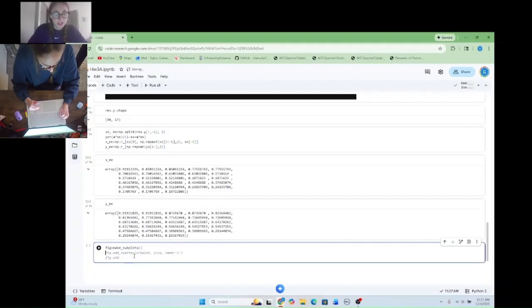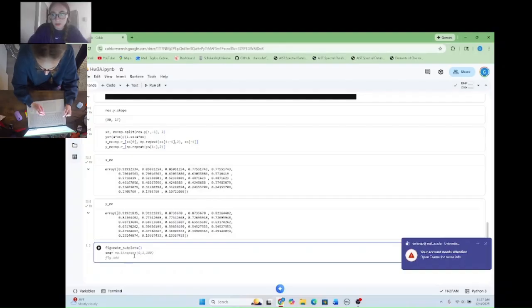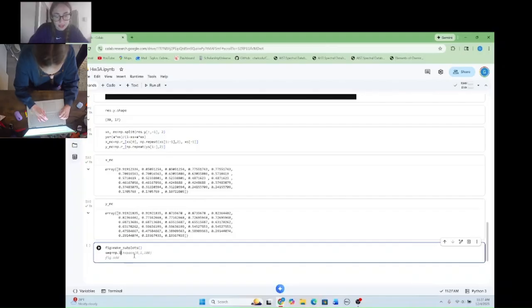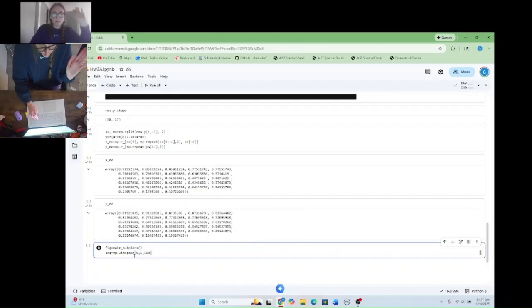Okay, and then after this, we want to do our equilibrium. So when we do a McCabe-Thiele, our McCabe-Thiele steps go on an equilibrium curve. And that equilibrium curve is always from 0 to 1 on our x-axis and our y-axis as well. So let's do x equilibrium. And that's going to be equal to np dot linspace, and we're going to do from 0 to 1, and we're doing 100 points in between.